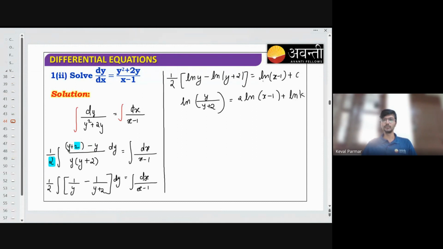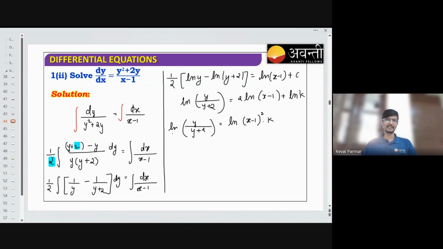So on the left hand side, I am still getting y upon y plus 2 is equal to, the 2 will come up, so ln of x minus 1 the whole square into k by using the property of log.